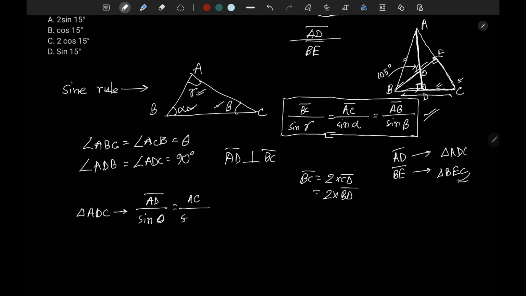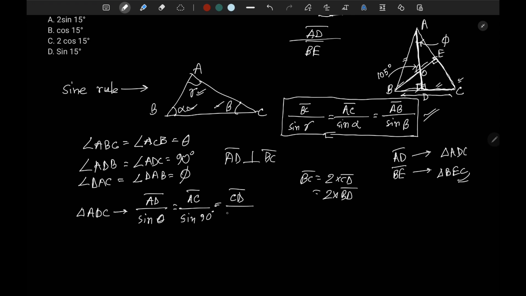So AC by sine 90, because again AD is perpendicular to BC. And this is equal to CD by sine of the angle opposite CD. Let's name that angle phi: if angle DAC is phi, then angle DAB is also phi, for a similar reason, because triangles ABD and ADC are congruent.